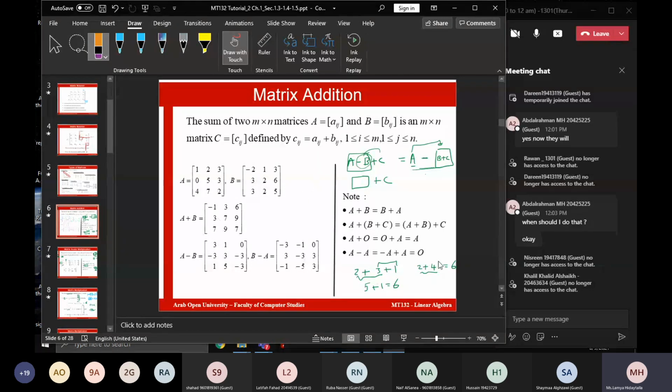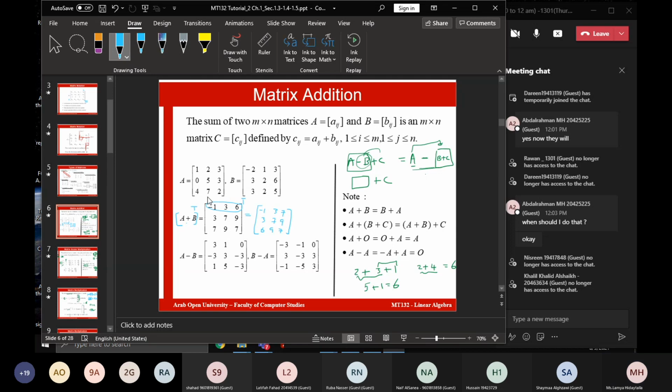Find the transpose of A plus B. Now if he needs A plus B transpose, that means we need the transpose of this matrix. What is the transpose of this matrix? It's going to be equal to a row, we make it as a column, so -1, 3, 6, and then the other one 3, 7, 9, and then the other one 7, 9, 7. So this is A plus B transpose.